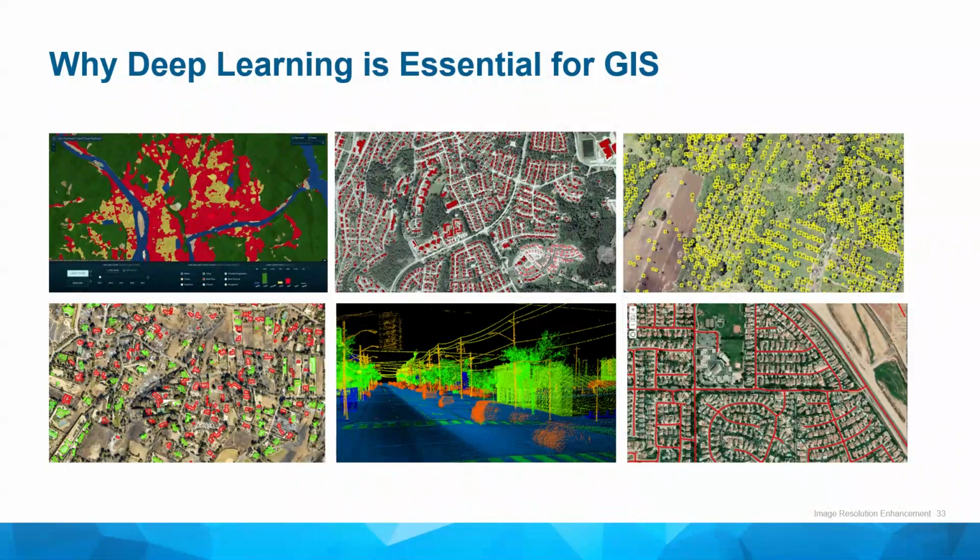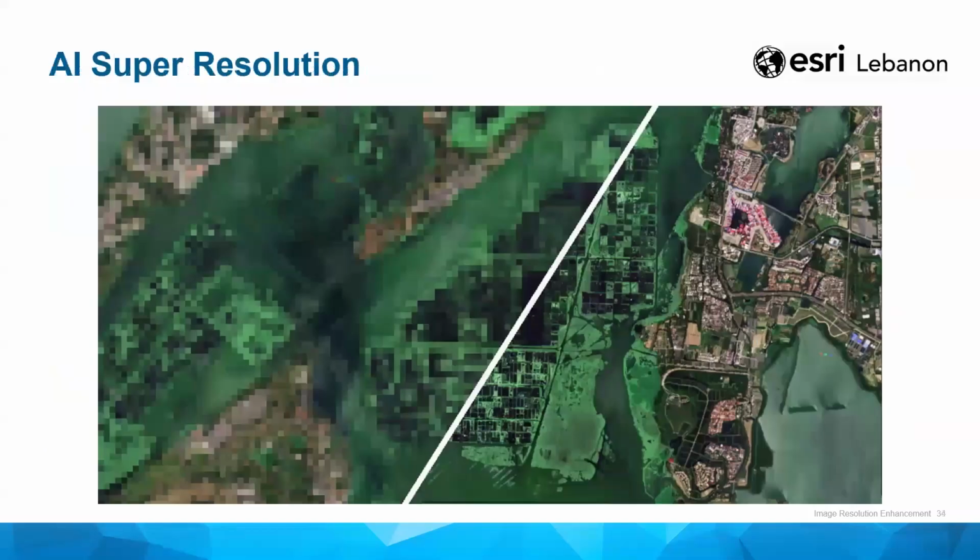The example here shows real use cases detecting buildings, roads, trees, and utility lines from satellite or even drone imagery. So this leads to faster, more accurate mapping, especially in disaster response, urban planning, and environmental monitoring. So these are different examples that it could be used for.